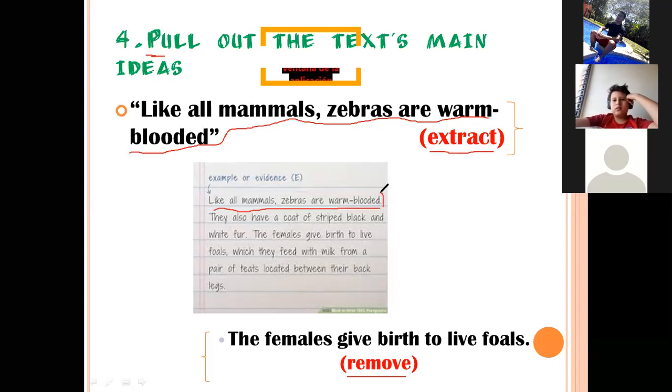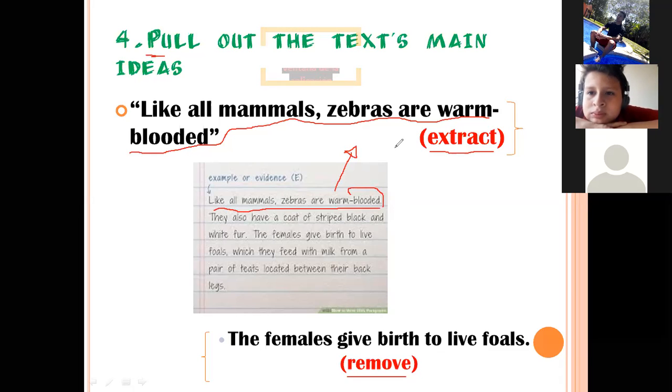You are talking about your blood, imagine. So this idea, I extract and I wrote it down here. So it's the same idea. It is to pull out, extract, or remove. This is another way to say pull out. Okay.